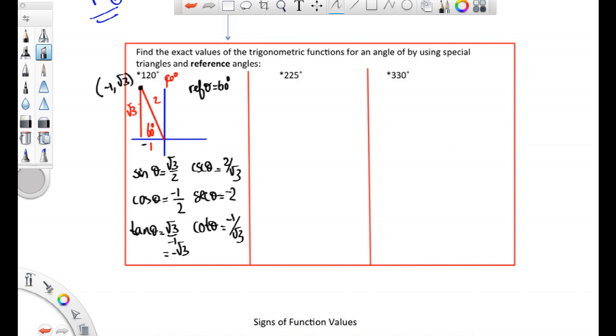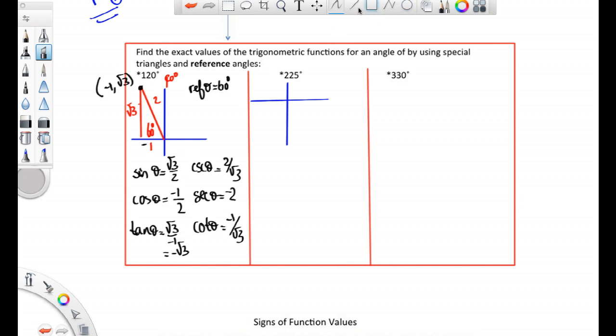Let's do it for 225. So for 225, again, I would draw a picture first. 225 is past 180, so we're going to draw a coordinate system. It's a little crooked, but okay.